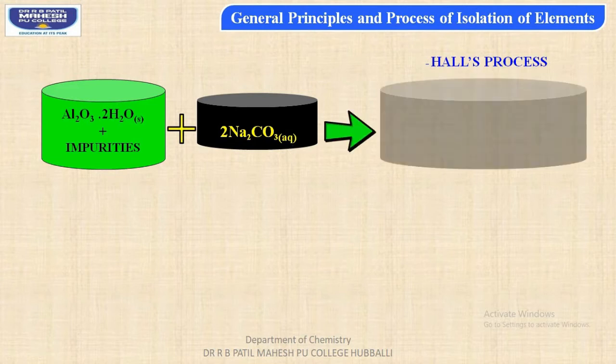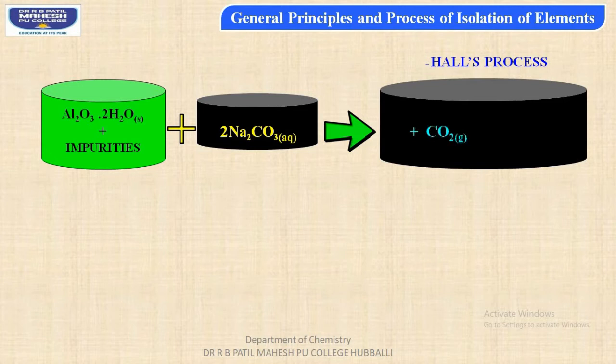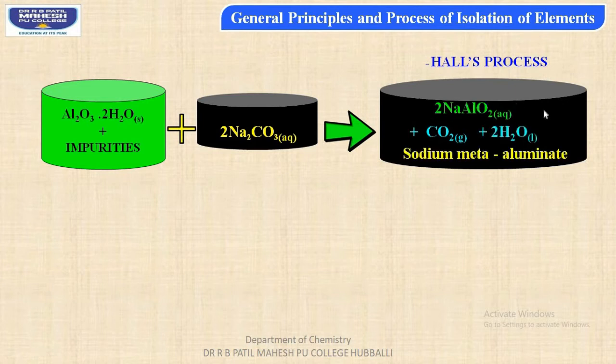Then we get carbon dioxide vapors along with water, and the main component is sodium meta-aluminate, NaAlO2. The sodium meta-aluminate is water soluble, whereas the impurities won't dissolve in this reagent, sodium carbonate, and hence the impurities settle as a residue.